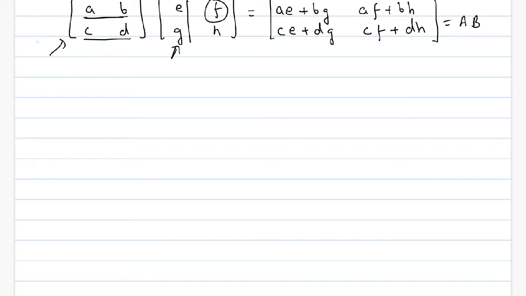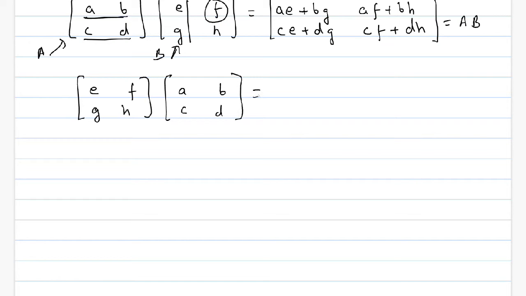Now what if we had B into A? So this was our A and this was our B. So B into A, we'll have E F G H multiplied with A B C D. So we'll take our first row from our first matrix, multiply it with the first column of our second matrix. So we'll get AE plus F into C, or I'll write it as C into F, CF.